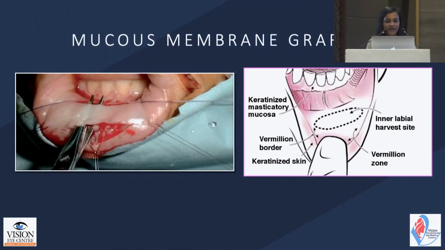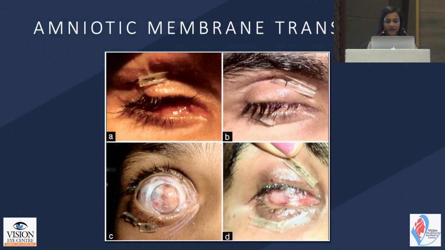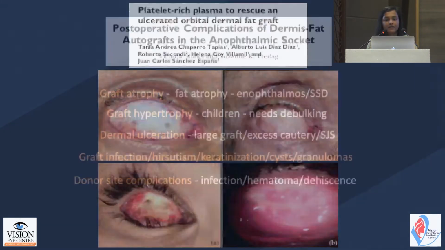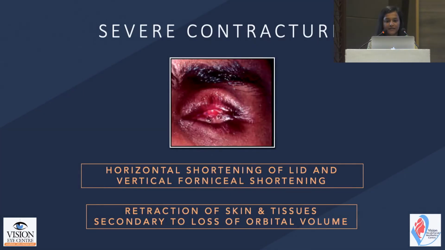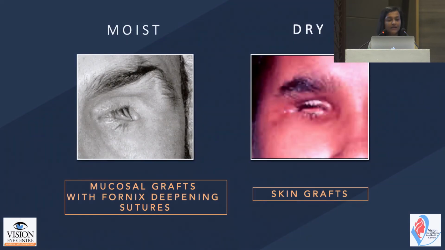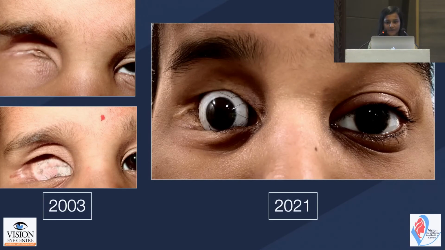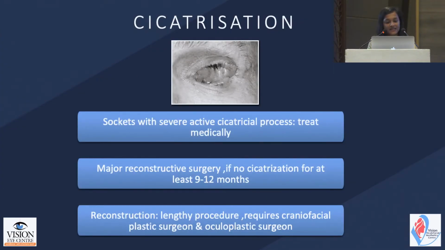Moderate contracture can be treated with a mucous membrane graft or amniotic membrane graft, also a dermis fat graft which gives volume as well as surface. Severe contracture could be a dry or a wet socket, so the treatment would depend accordingly. You can have an epithelial lined socket like this, which is an epidermal graft. You can have severe cicatrization.